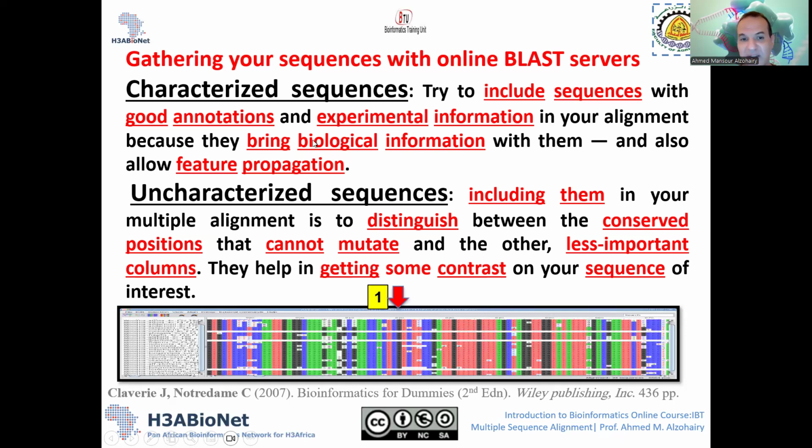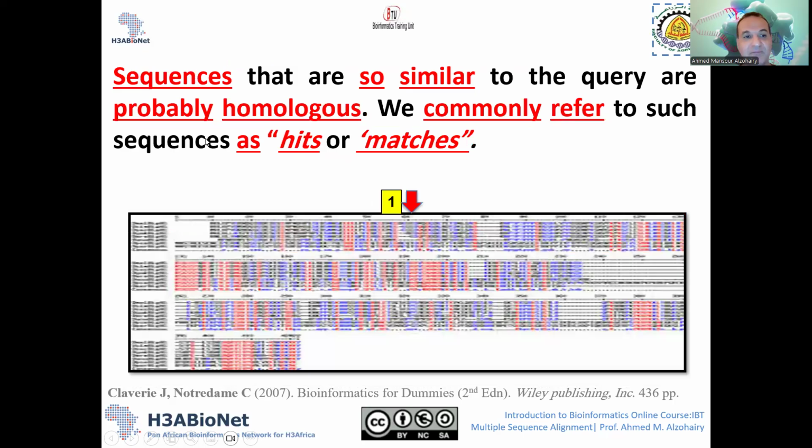So that's why we use both. You should have characterized and also uncharacterized sequences, but try to understand why we use this and why we use that.